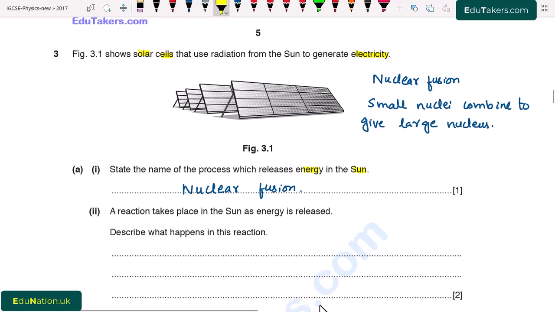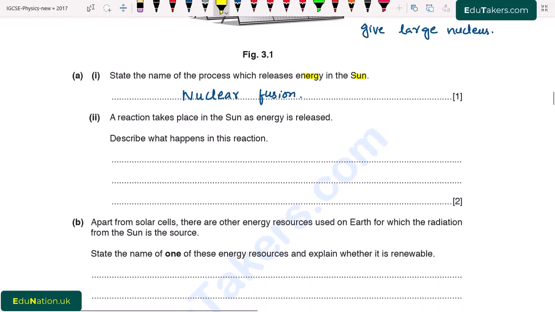Part 2. A reaction takes place in the sun as energy is released. Describe what happens in this reaction. So here we have to describe what happens in the reaction that takes place in the sun as its energy is released. In this reaction, 4 hydrogen nuclei combine to form a helium nucleus, because there is a large amount of helium inside the sun.